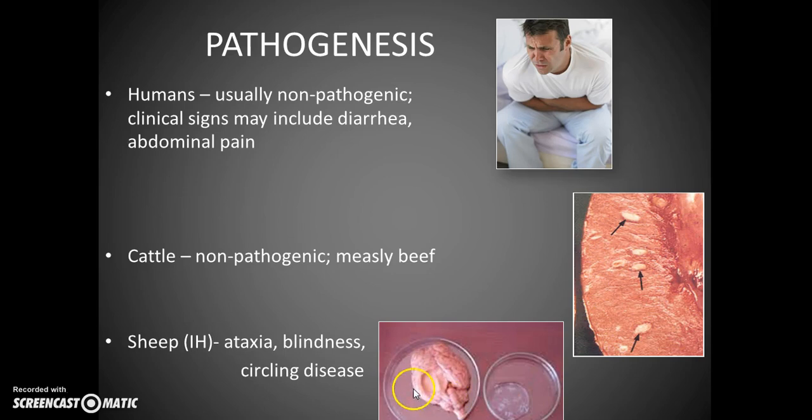As you can see here in the bottom picture, there is a hole in the brain, basically, where a cysticerci had formed and had grown. So this is why sheep can develop ataxia, blindness, and circling disease when it's taking up that much room in the brain. So that's something to keep in mind for this parasite.